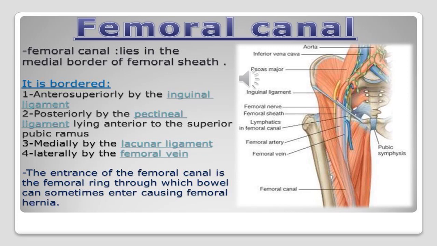The entrance of the femoral canal is the femoral ring, and the most important clinical aspect regarding this femoral canal is related to the femoral ring, and that is known as the femoral hernia.